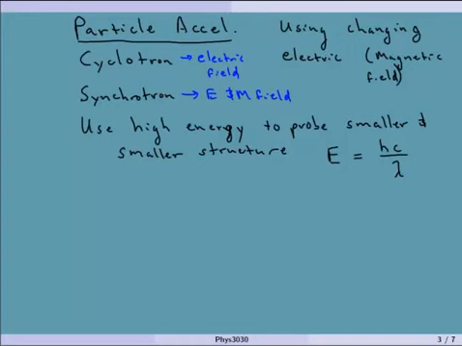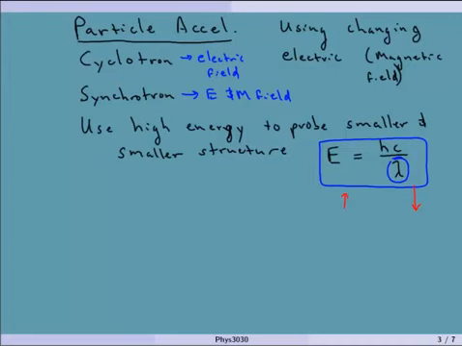But the idea here, looking at this equation, okay, this is the gist of what I want to say: the energy is on the top over here, the wavelength is on the bottom down here. So as the energy goes up, the wavelength goes down, and small wavelength allows you to look at small things, because the length of the wavelength is what I can probe and what I can look at. Okay.